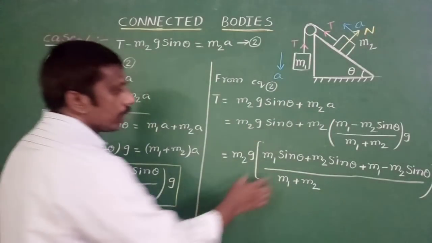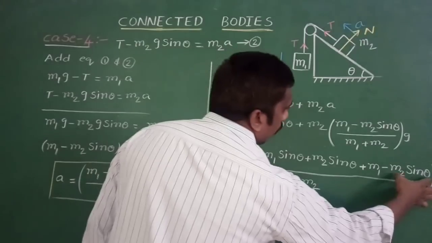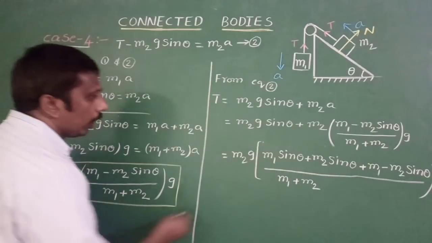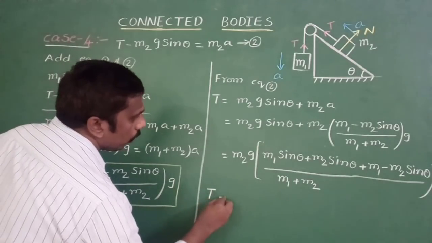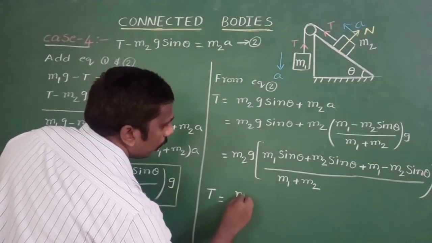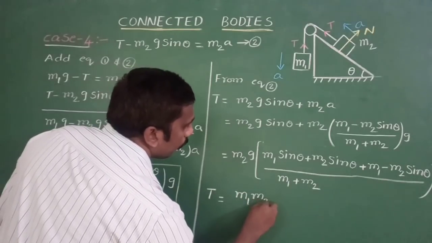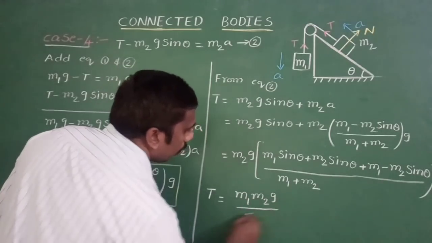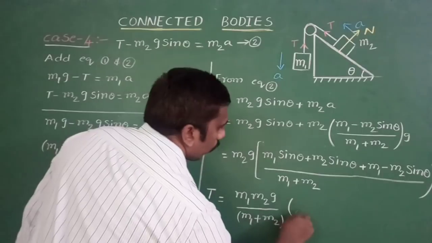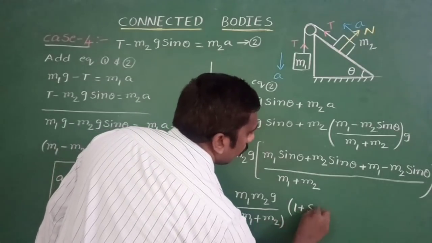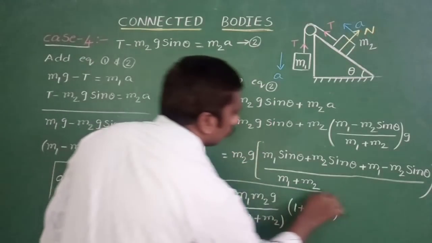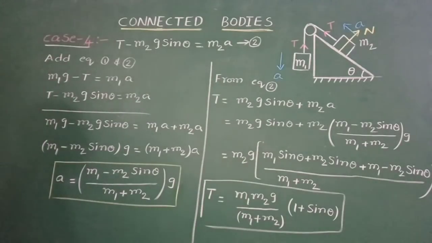But if you observe, m2 sin theta minus m2 sin theta get cancelled. If you take m1 common, finally we get tension T is equal to m1 m2 into g by (m1 plus m2) into (1 plus sin theta). This is the tension equation.